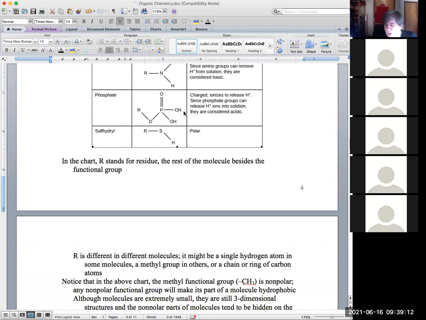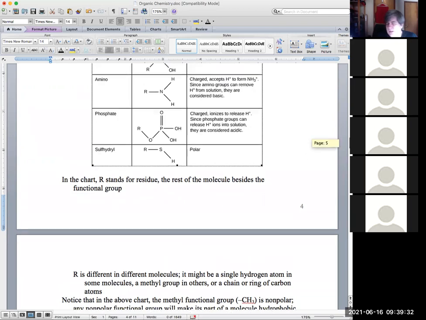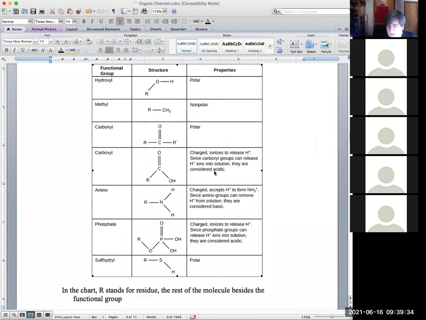When we look at this, this phosphorus, the oxygens with the H's, can lose their H's. And as a result, when we have something that can lose H's, this is considered to be acidic. So this is very similar in that sense to the carboxyl group that we had up here. And notice they're both losing H's from OH.